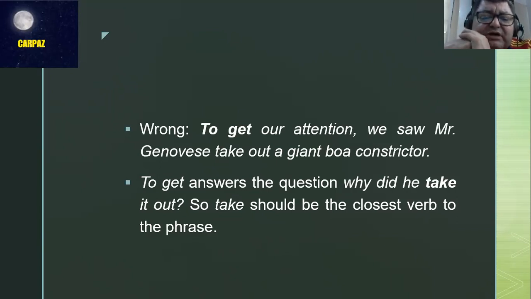The infinitive to get answers the question, why did he take it out? Why did he take the boa constrictor out? So the phrase to get our attention should be close to the verb.